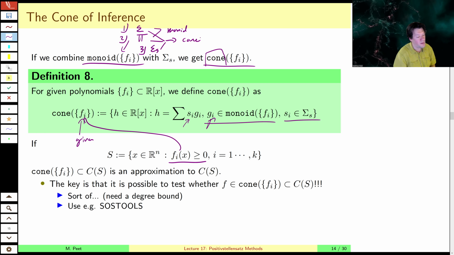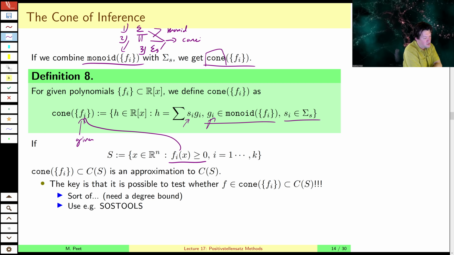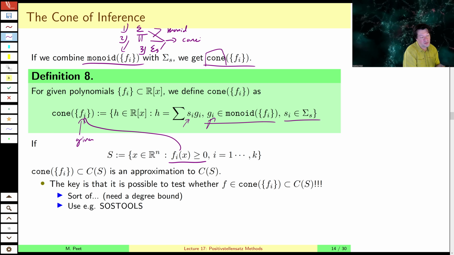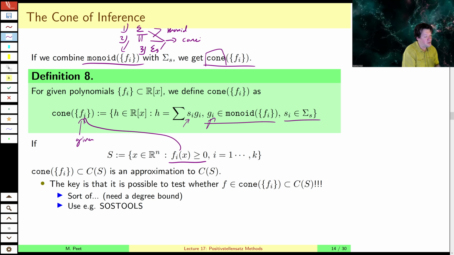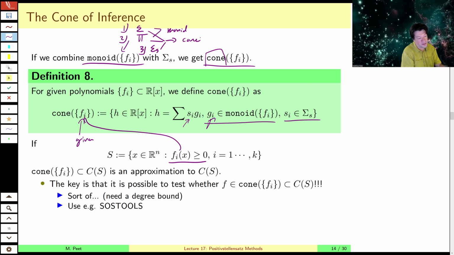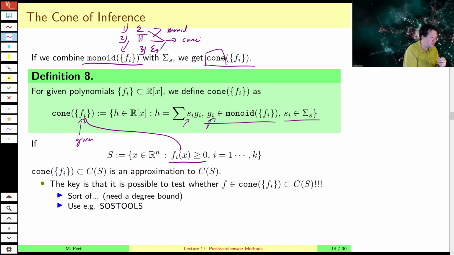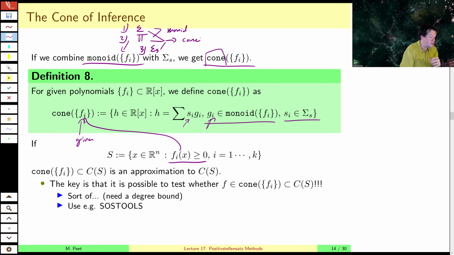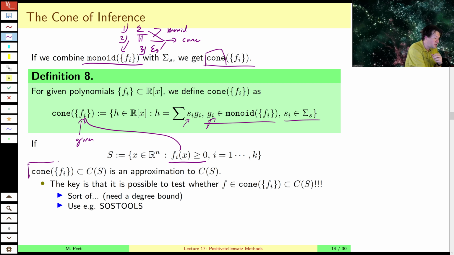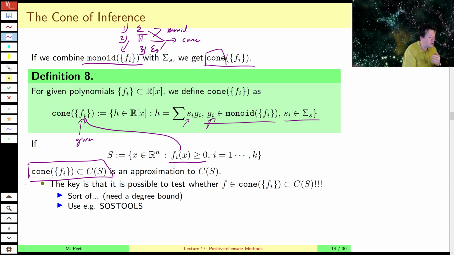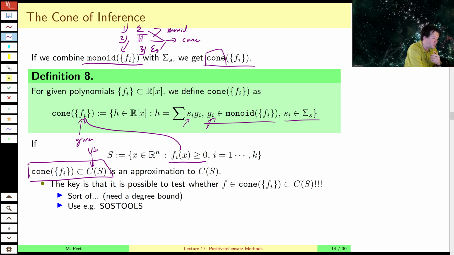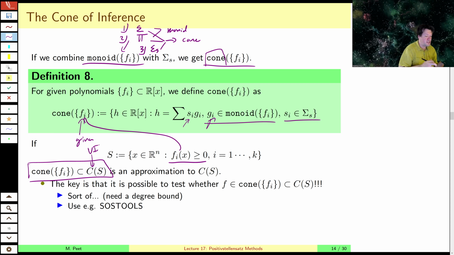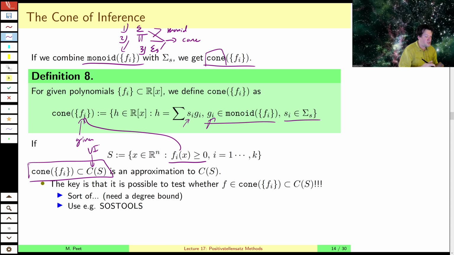So it's important to note that, because we're only using those basic 3 rules of inference, every polynomial in the cone, and of course in the monoid, but that's more restrictive, every polynomial in the cone is a valid inequality. So the cone is a subset of the valid inequalities. That's the valid inequalities, recall. However, the question is whether it's a strict subset.